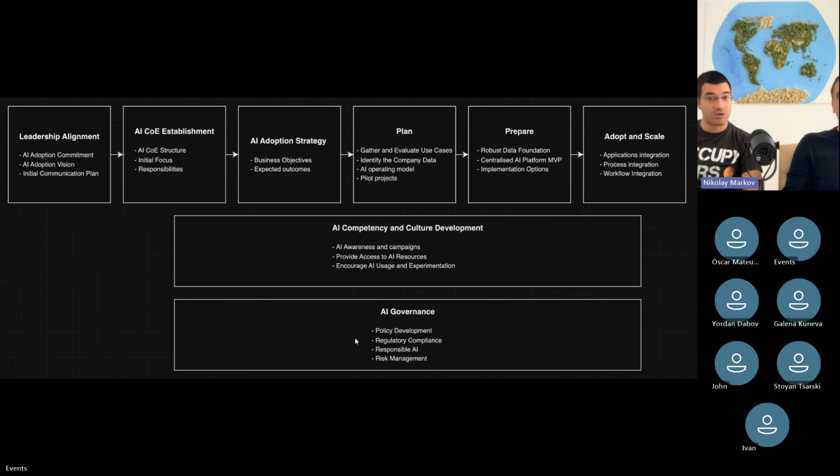We saw some good adoption starting from the bottom up, but this is definitely the same as previously: the top-down approach, having leadership alignment as a first step, is crucial for the overall success of any digital transformation, not only the adoption. So these are pretty similar.